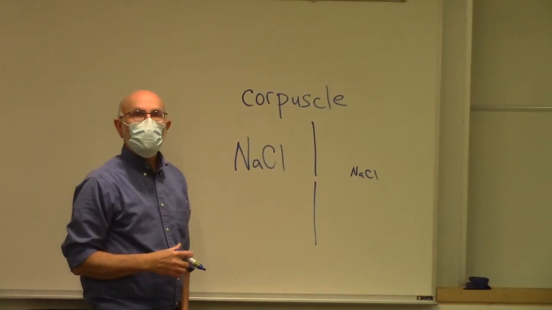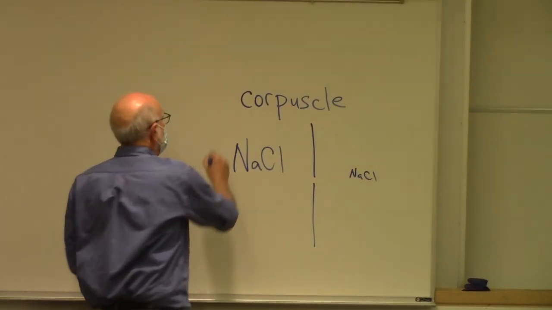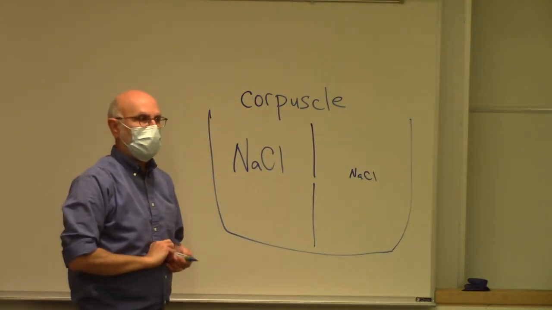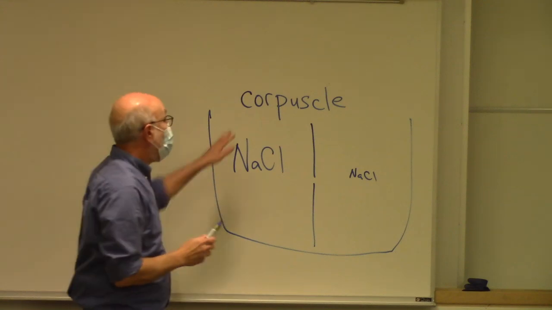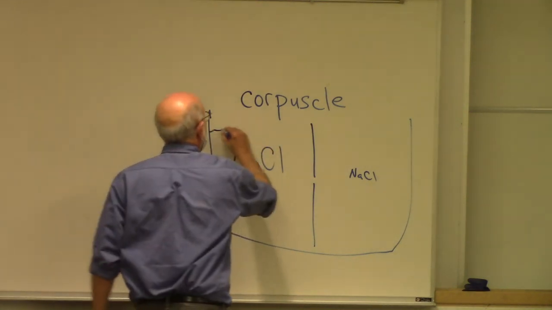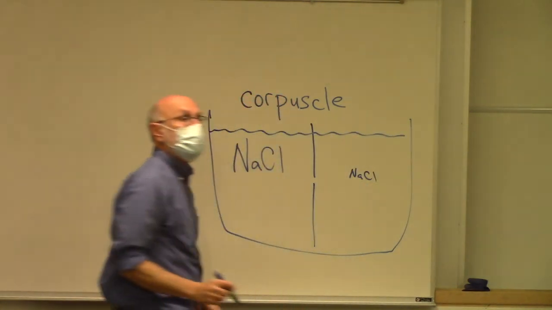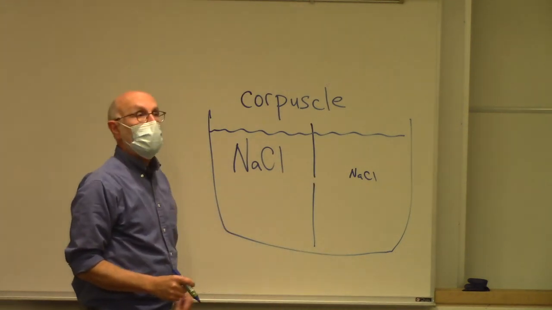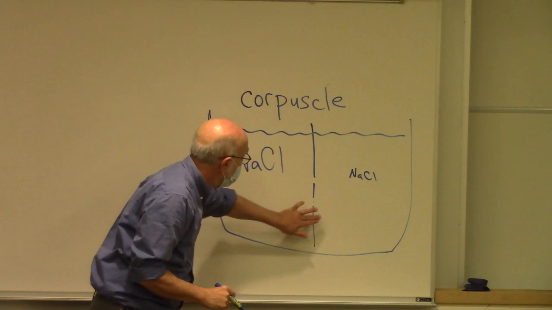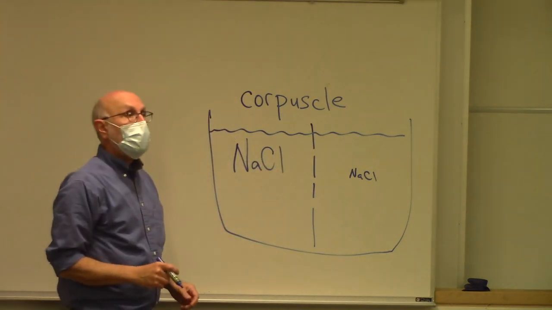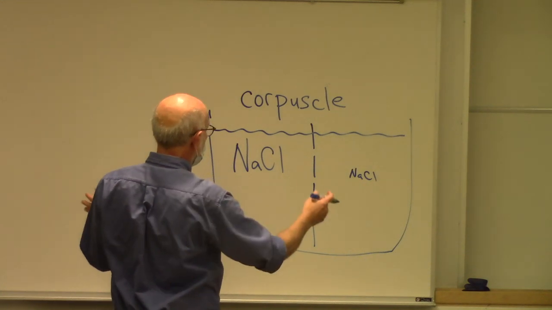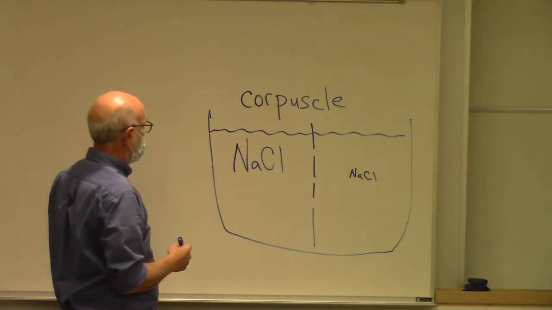Which way is water going to flow in this scenario that I have illustrated? There's no difference in hydrostatic pressure, but we have a difference in solute concentration on the two sides of these holes. Which way is water going to flow? From your left to right, or from your right to left? Right to left.